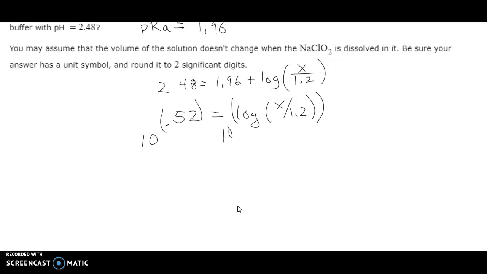Making it the exponent of 10 cancels the log, and we get 3.31 is equal to X divided by 1.2. That gives us an X value of 3.97, which, the way we defined X, has to be our concentration of the base.